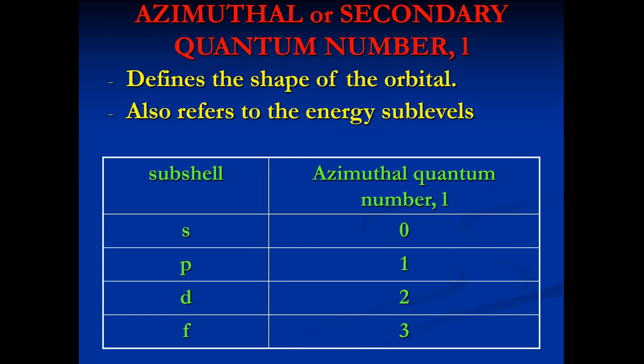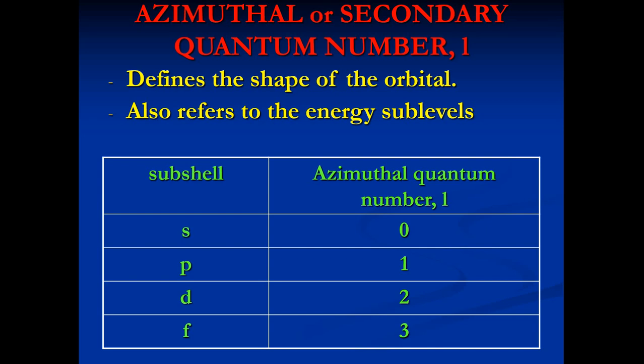In some other textbooks you will see it called the subsidiary quantum number. So it's all the same. It has a formula which is l equals n minus 1.